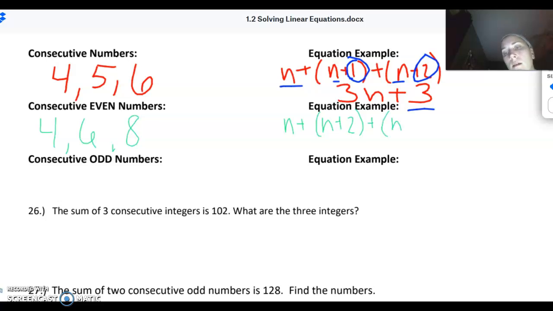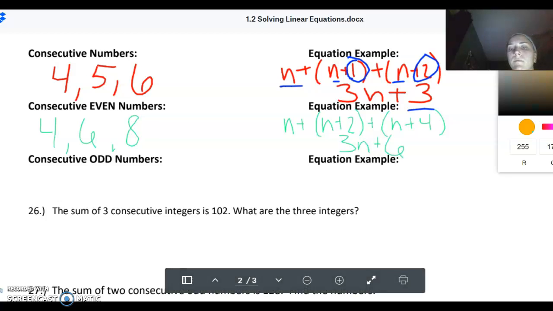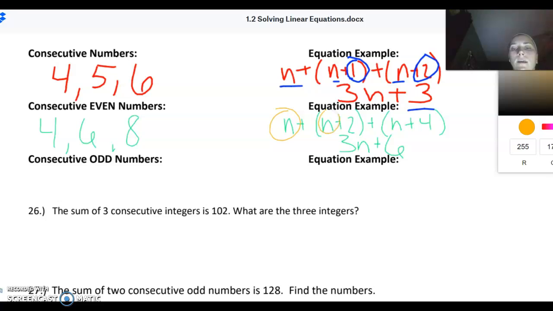And then n plus 4, because again, we need to skip those odd numbers. We only want 3 consecutive even. So when we simplify that, we have 3n plus 6, because we have our n, and then we have 2 and 4. So 2 plus 4 is 6, and 3n, that's where we get that 3n from.